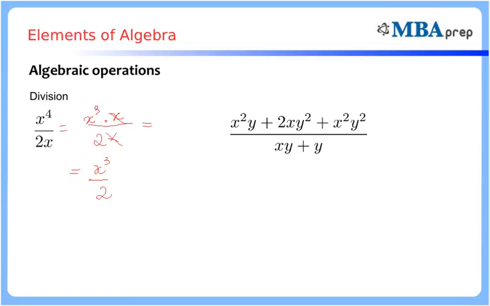This other expression, you may factor out the y, because you have y in every term. So it's exactly as doing this, x squared plus 2xy, plus x squared y divided by y times x plus 1.